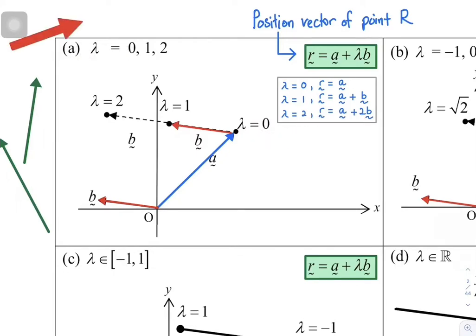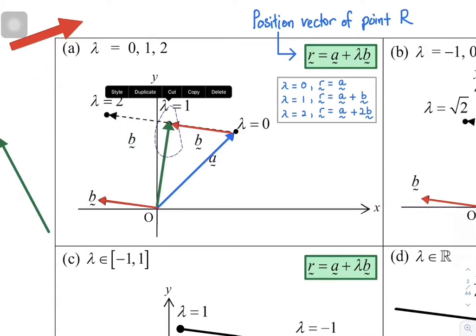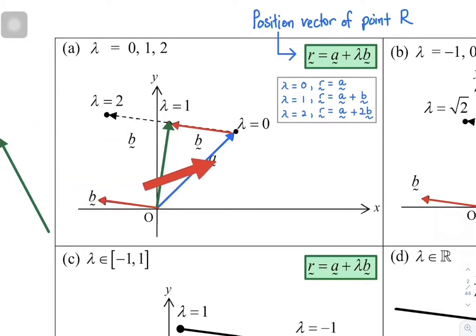Now, based on the diagram, by applying the triangle law of vector addition, when we take the vector A and add to the vector B, we will actually obtain the vector R as shown here. And that actually represents the point R situated over here when lambda is equal to 1.